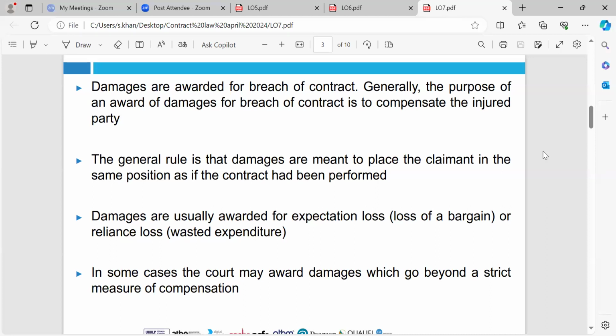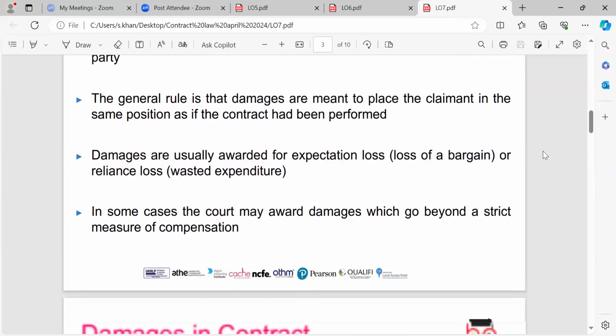As we mentioned, damages are awarded in money to compensate the innocent party. The primary purpose of damages in contract law is to place the injured party in the position they would have been in if the contract was performed, as we mentioned earlier.